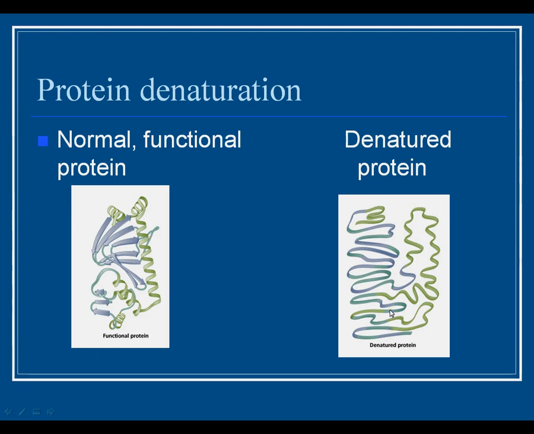And so it no longer functions. And as far as the body is concerned, it's easier to recycle the pieces of this ribbon than it is to go through the effort and energy required to perhaps refold it. So a denatured protein eventually will be found by a lysosome where it will be broken down into the individual pieces and recycled.